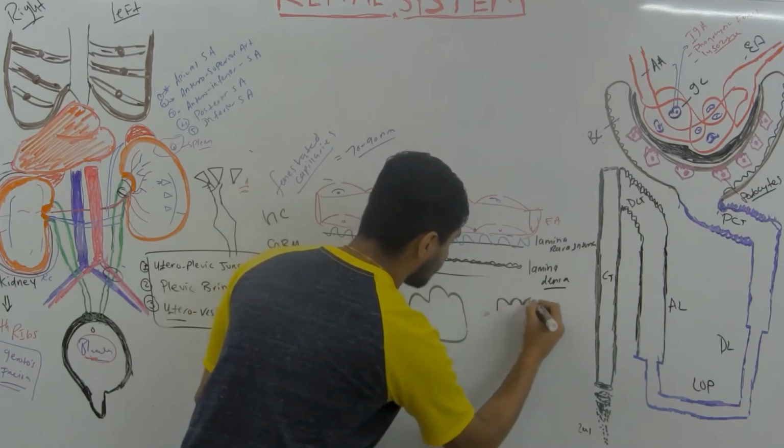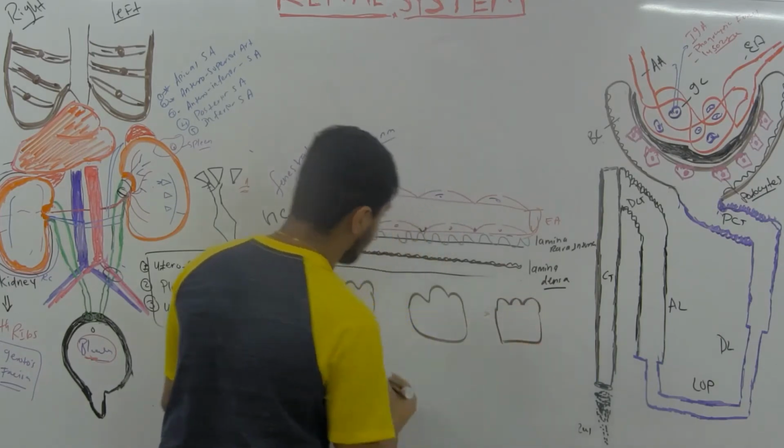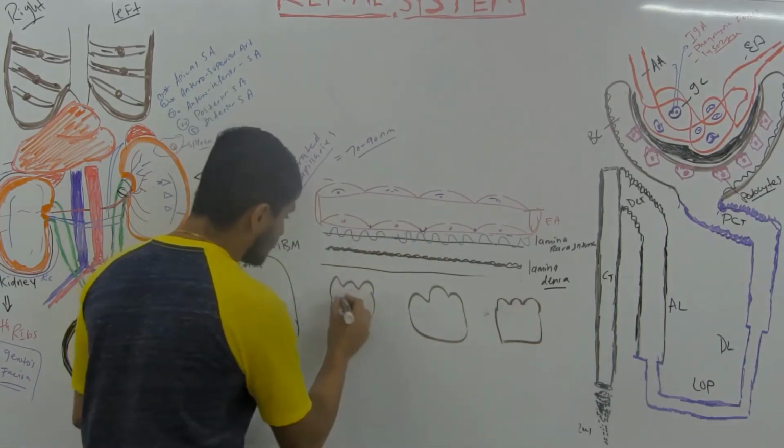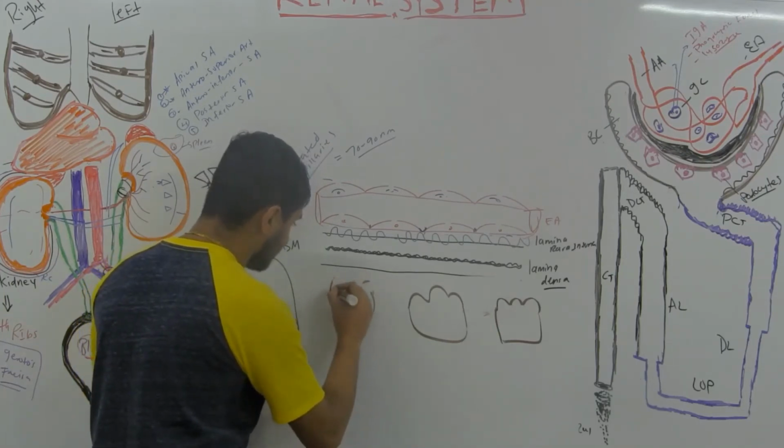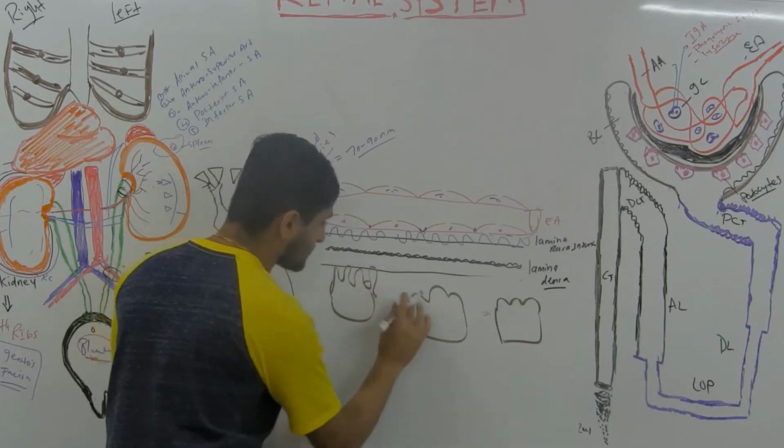These are going to be my podocytes. Okay, these are my podocytes, and these are podocyte foot processes. Let's make these foot processes. These are podocyte foot processes.